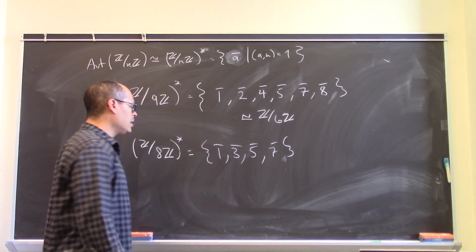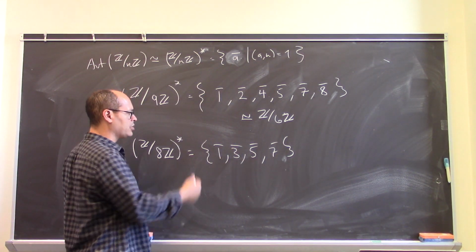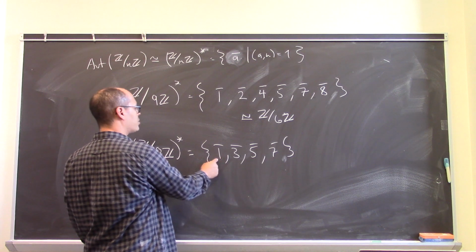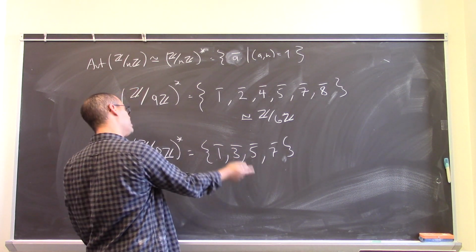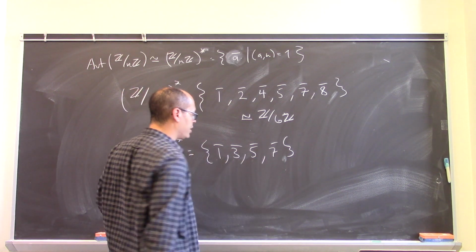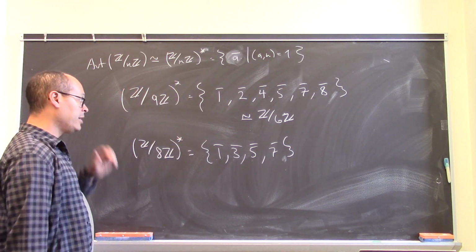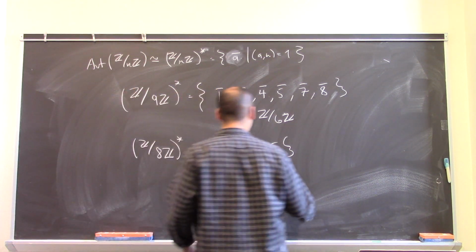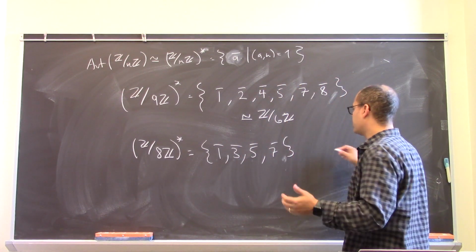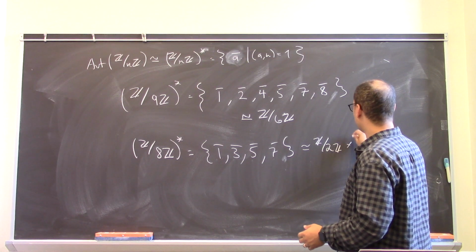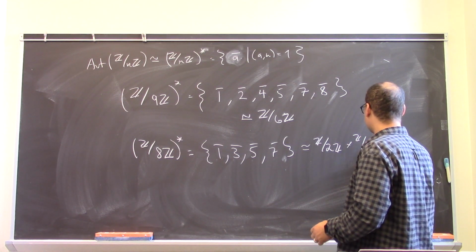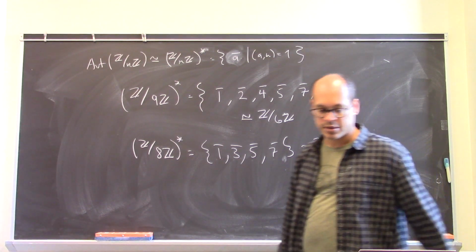And you can see, just by inspection, that everything is order 2, right? 1 squared is 1, 3 squared is 9, which is 1 mod 8, 5 squared is 25, which is 1 mod 8, 7 squared is 49, which is 1 mod 8. And so actually everything is order 2, so this is just Z mod 2Z cross Z mod 2Z. It's by the process of elimination.